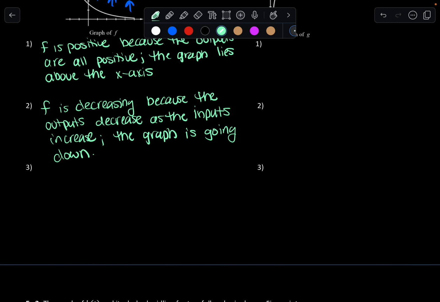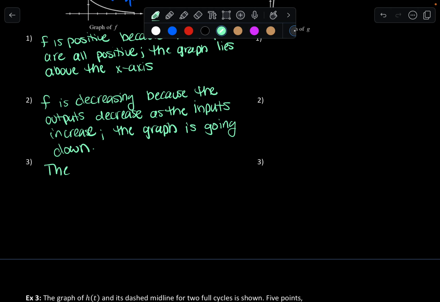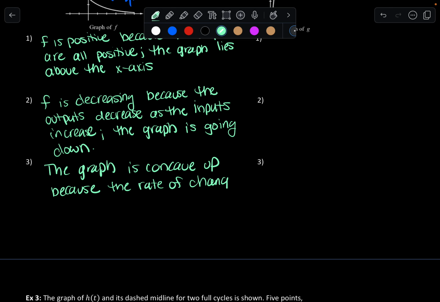So that means the graph is concave up. Because in this course we use the rate of change for concavity, because the rate of change of f is increasing.